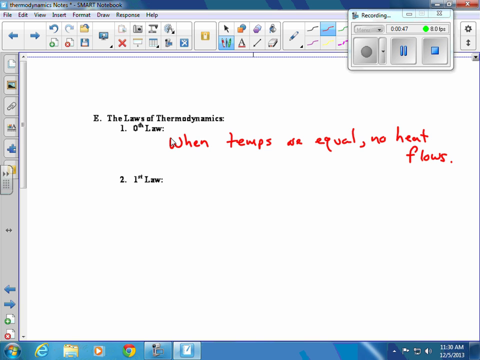Okay, now for the first law. The first law is all about changing the internal energy. Now remember that internal energy is U, the total KE of molecules in a gas.